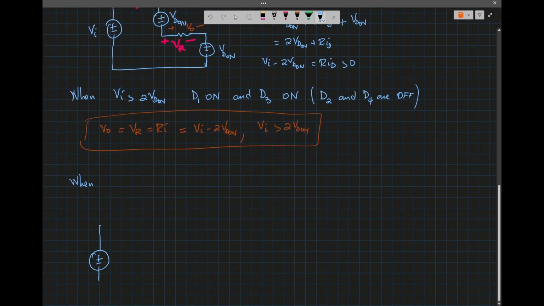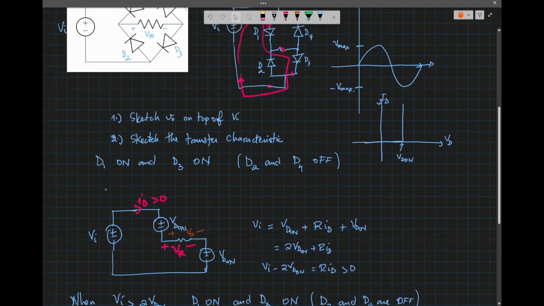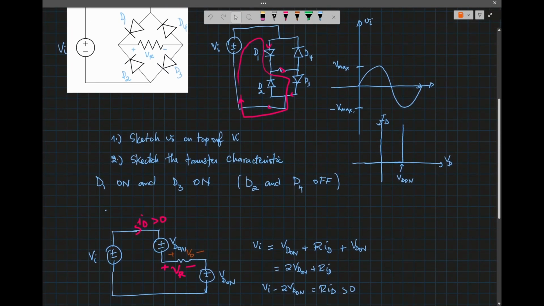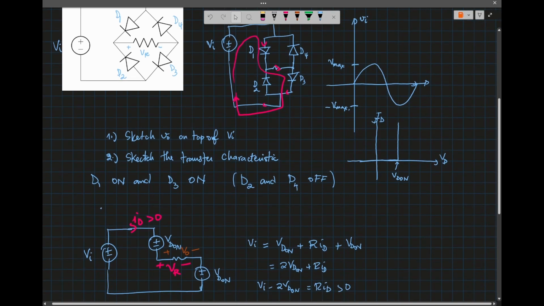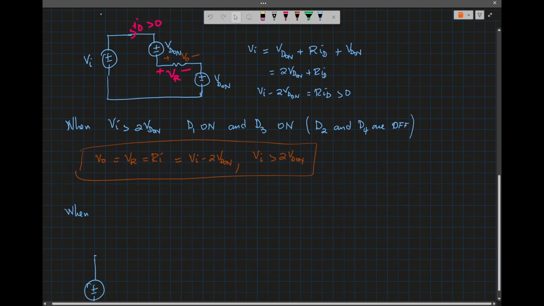Let me copy this figure down there. I have to draw it. It's like that. So we had this, and we had this.